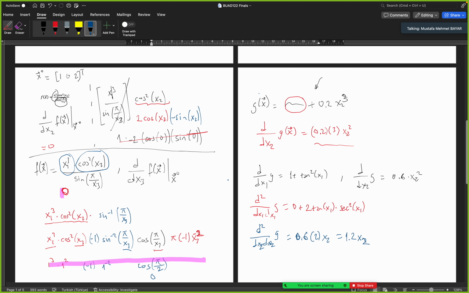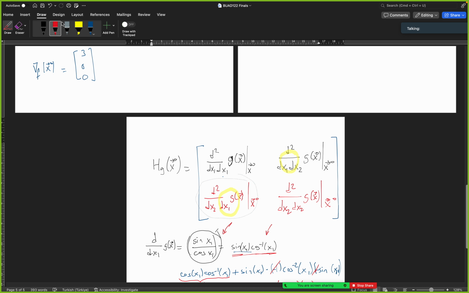And when I do that, what I'm going to get is 2 times tangent of x1 times secant squared of x1. These two are zeros, and the last one is 1.2 times x2.